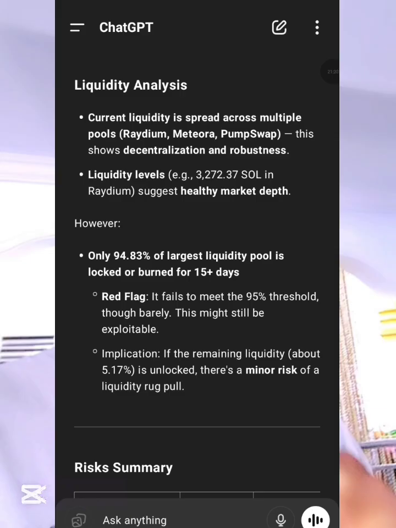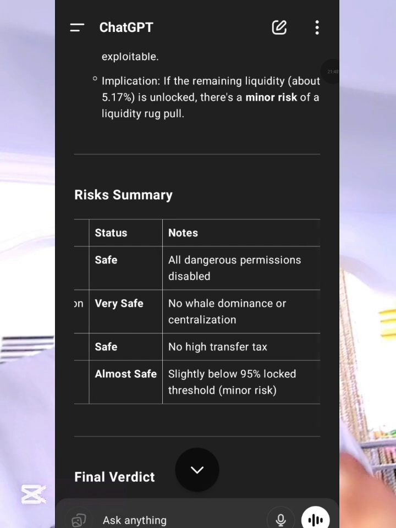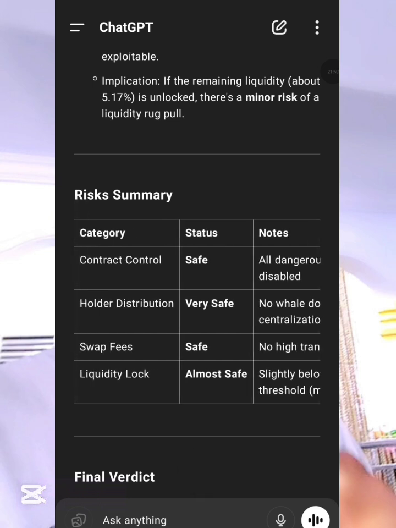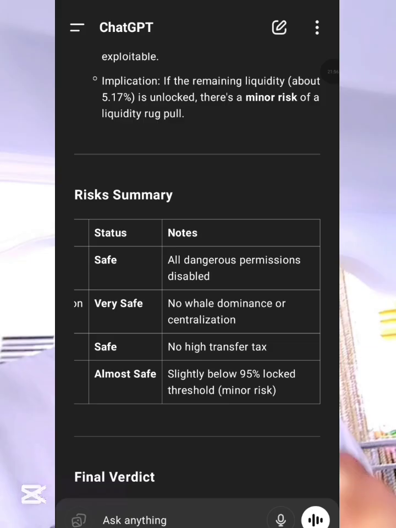If the remaining liquidity, that is about 5.17%, is unlocked, there is a minor risk of a liquidity rug pull. That is what they are telling us. Now, the risk summary: contract control is safe, all dangerous permissions disabled. Holder distribution is very safe, no whale dominance or centralization.